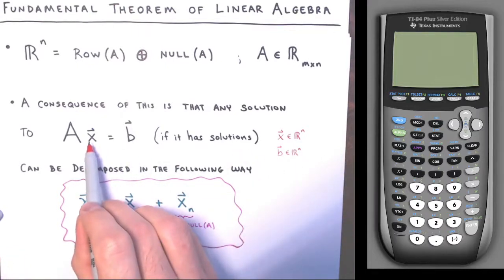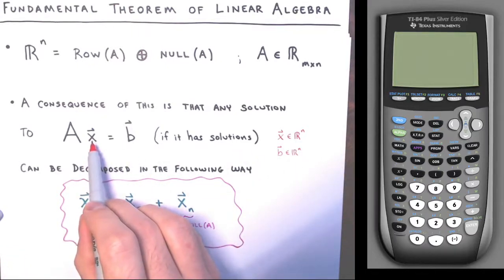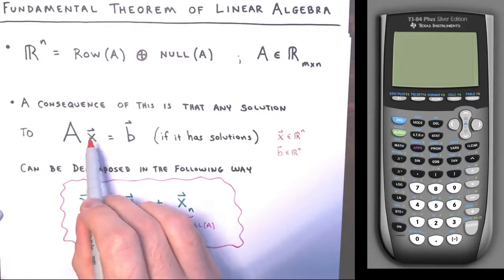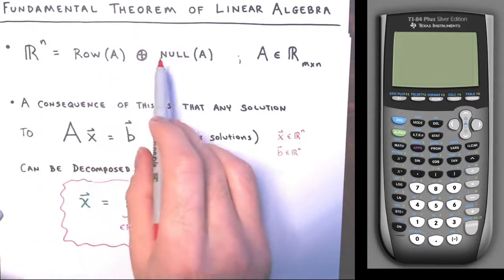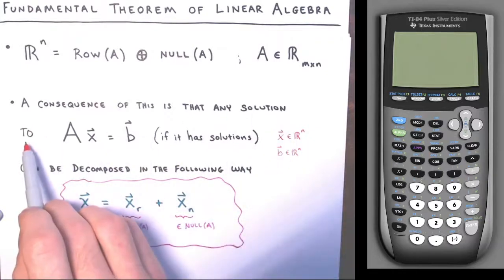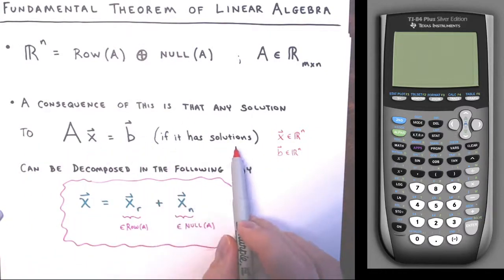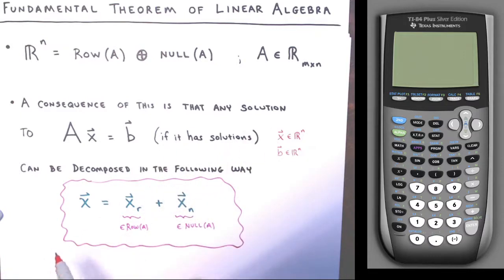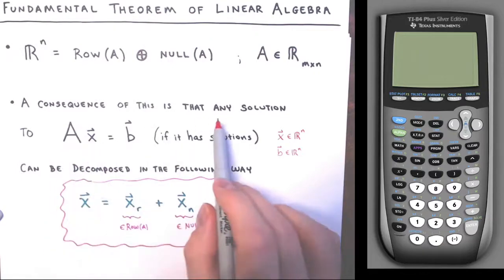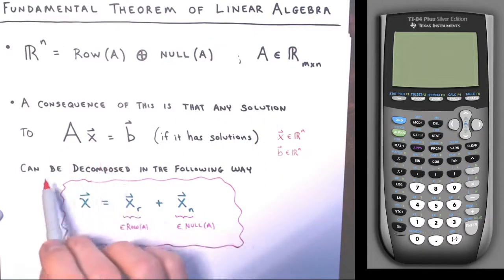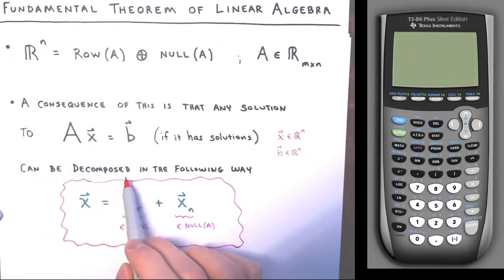But our solutions are the vectors I can replace x with. So a consequence of this direct sum statement is that any solution to Ax equals b, if it has solutions, because if it doesn't have solutions, then there's no point in this, can be decomposed in the following way.